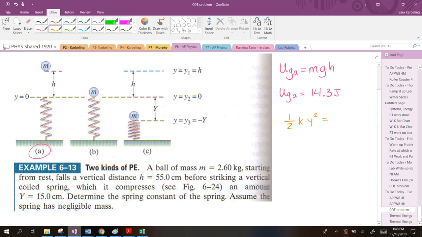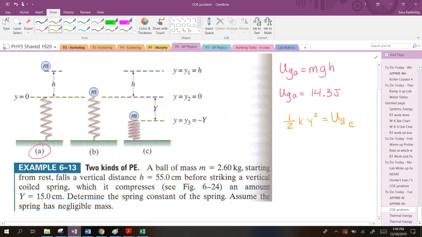I want to know where this 1/2 ky squared thing comes from. Because Chris, you're claiming that it's equal to 14.3, but a lot of physics happened between here and here. What is this? Okay, so this is spring potential energy, at C. Do you guys agree with that? 1/2 kx squared is how to find spring potential energy.